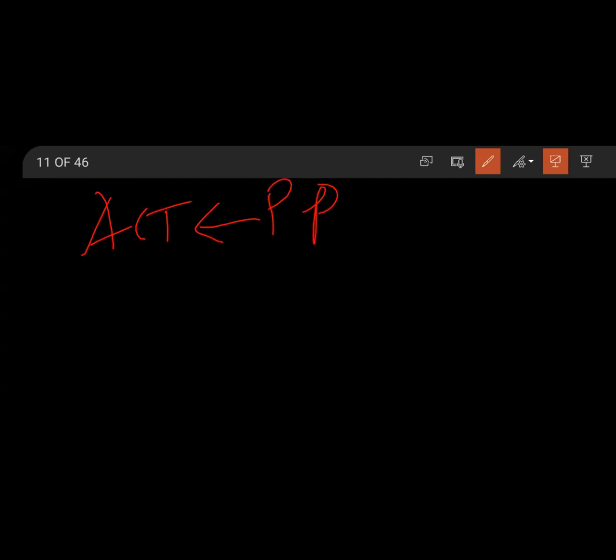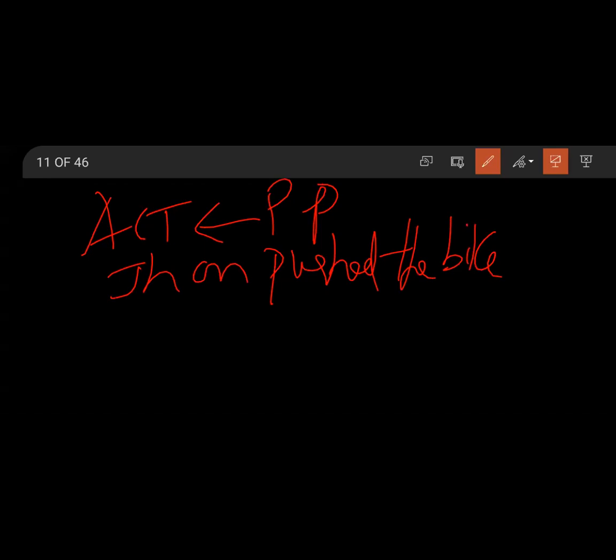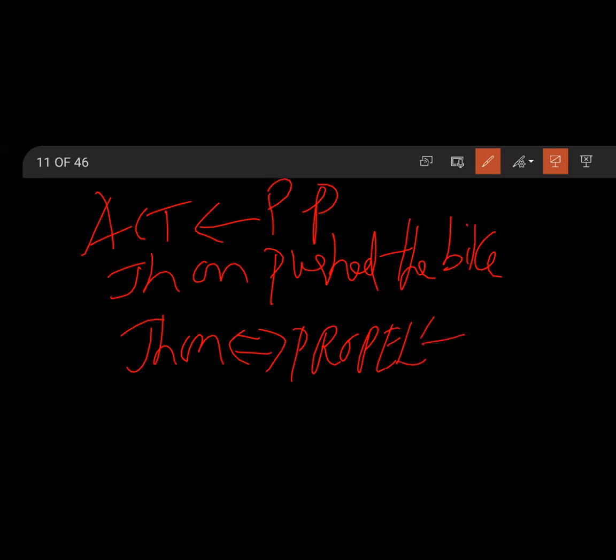Here, for example, John pushed the bike. Here, this is the concept of dependency representation means John, double arrow, propel, bike. Okay.